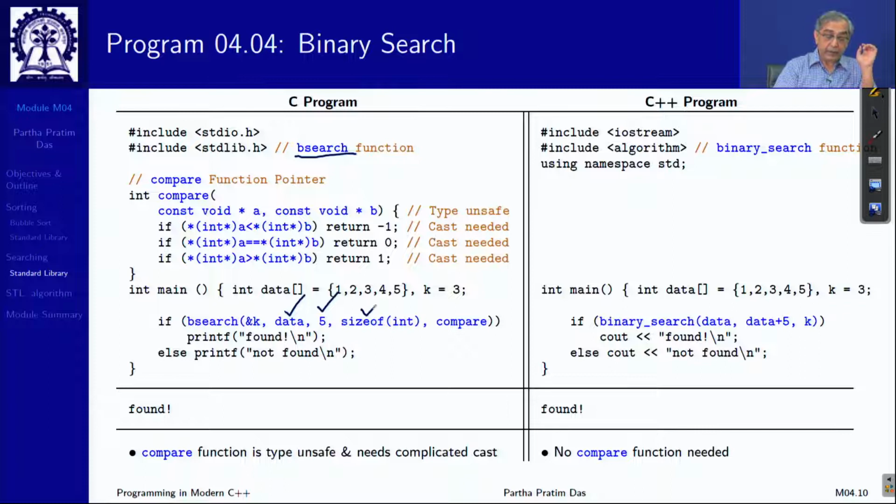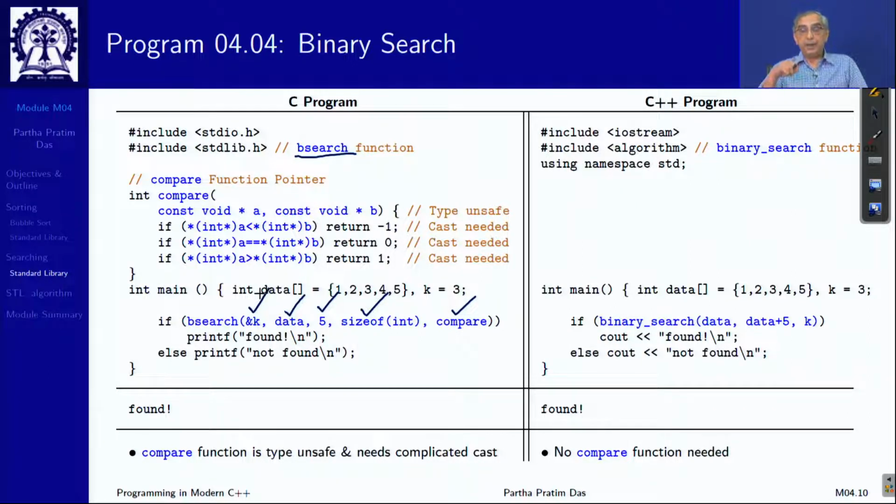You have to tell the size of every element, because bsearch was again written long before your code was written. So, it does not know what is the stride, what is the unit of the elements in terms of the number of bytes. You have to give the function to compare, so that you can do the comparison, right, and you have to also tell the value that you want to search. So, that is the first parameter.